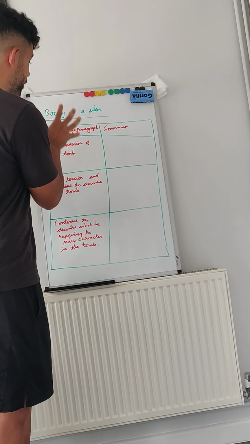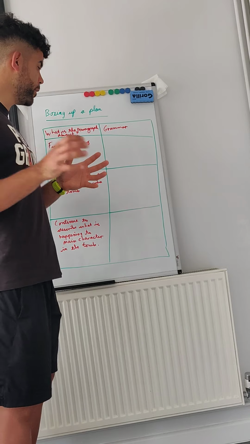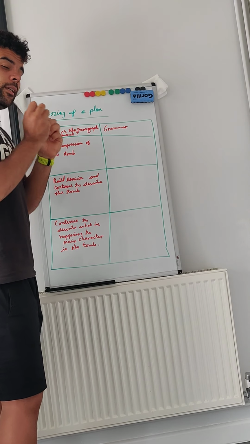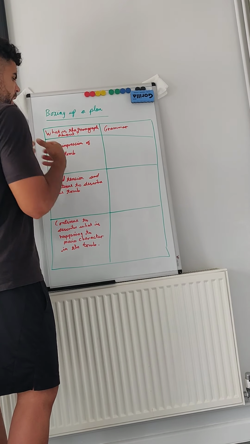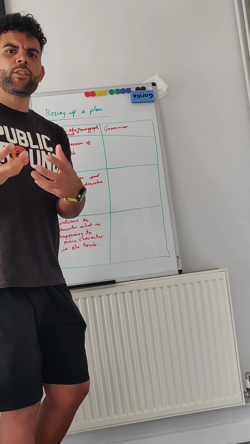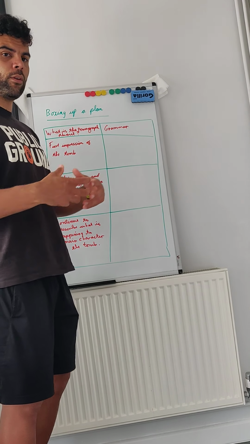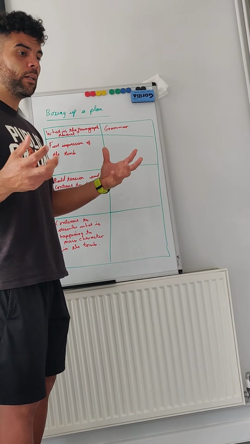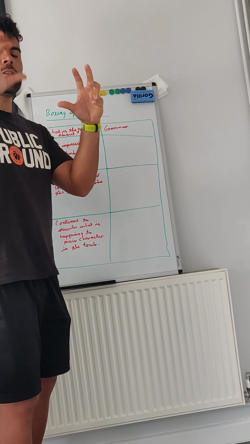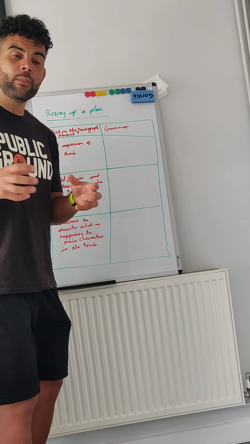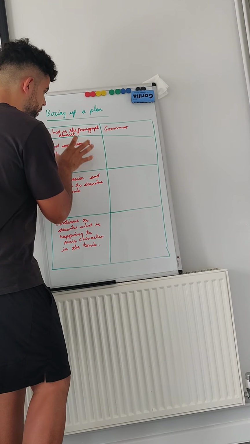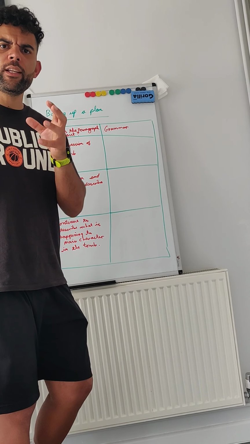Okay, so in the first paragraph of the one that I gave you, what they do there is they basically introduce the first impression of the tomb. So your main character goes into a tomb and they are seeing different things within that tomb, and that's basically what that first paragraph was all about.